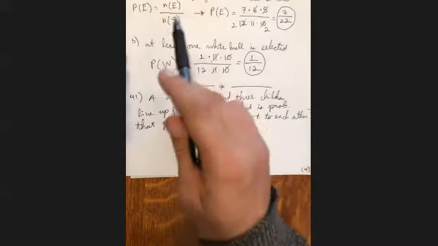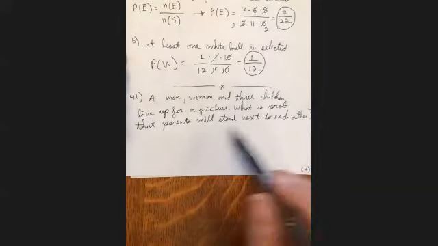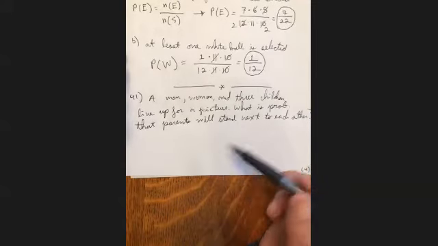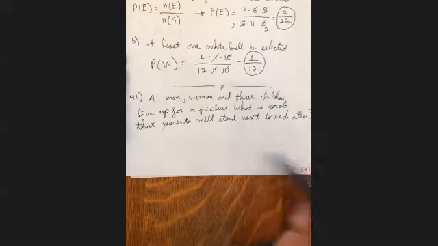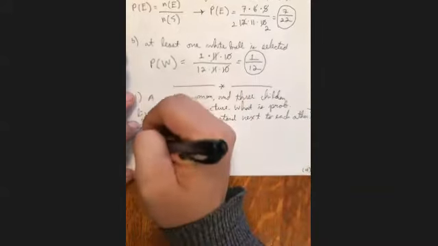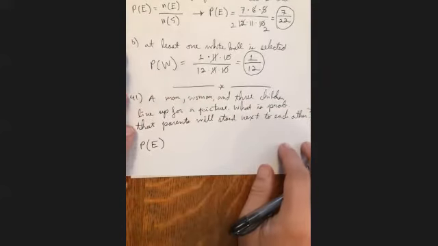What are the number of ways that we can line these people up versus the total number of ways? What are the number of ways that they can line up so that the parents are next to each other versus the total number of ways that they can line up? Okay, so we're going to call this event E again, just because it's simple.